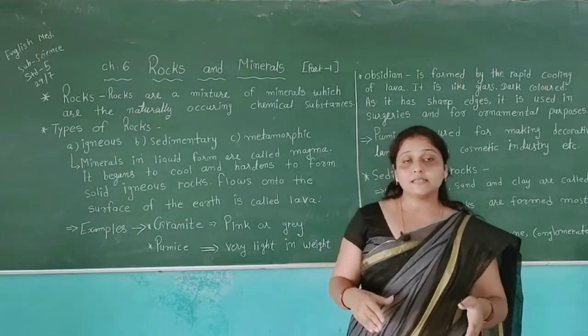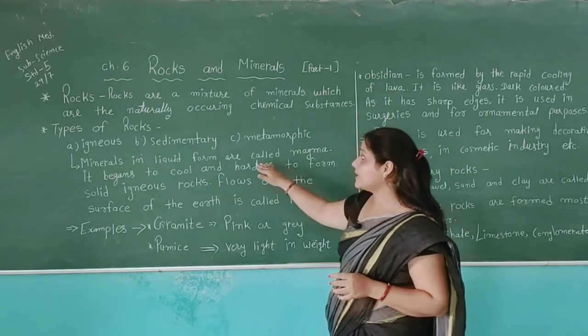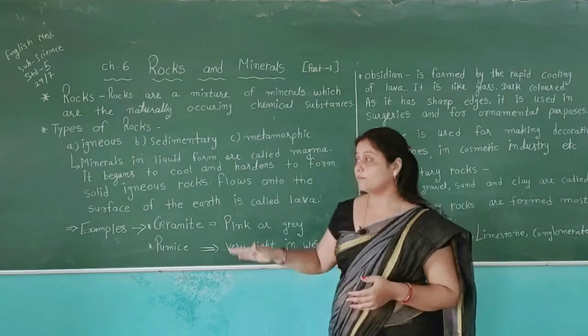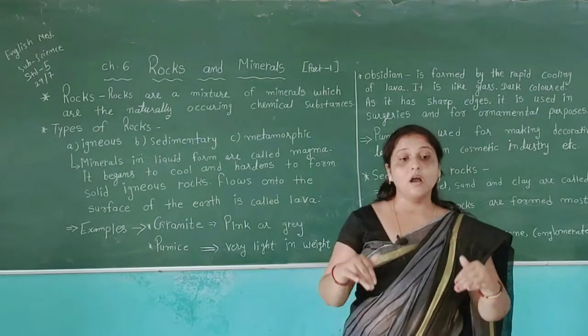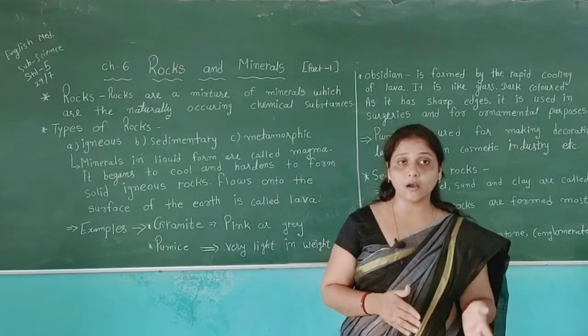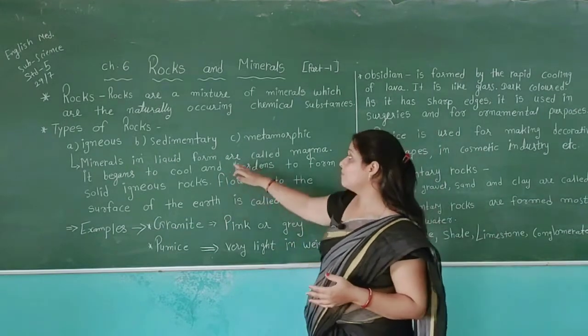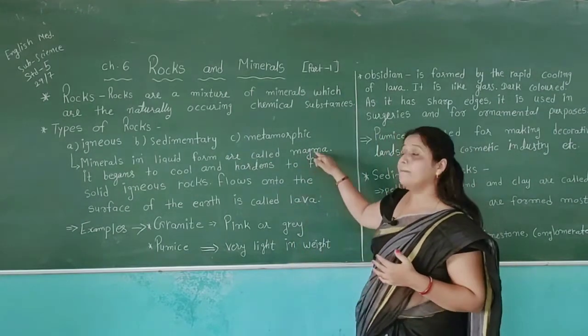So under the surface, the magma is in liquid form. Because of the earth's heat, the minerals are in liquid form, and this liquid form is called magma.